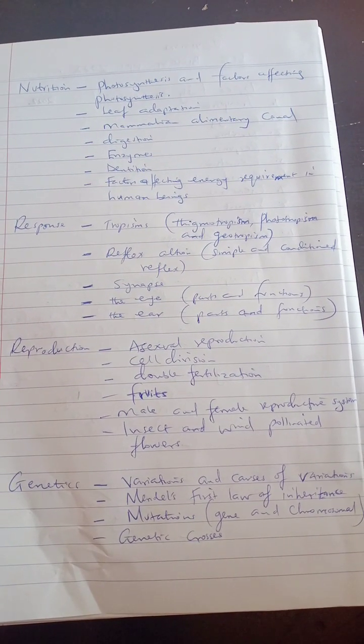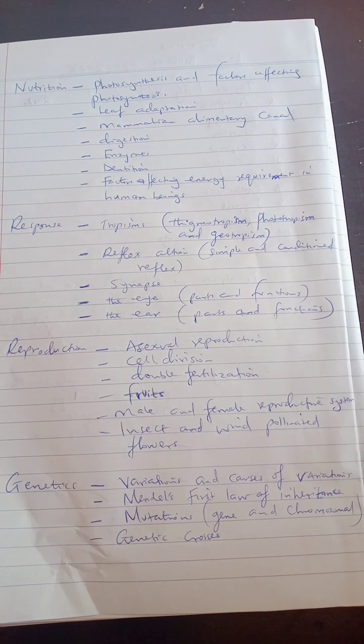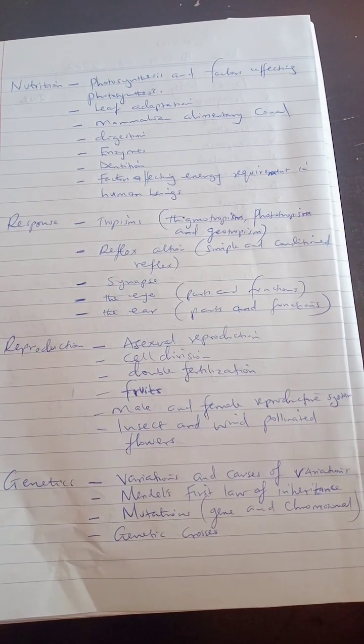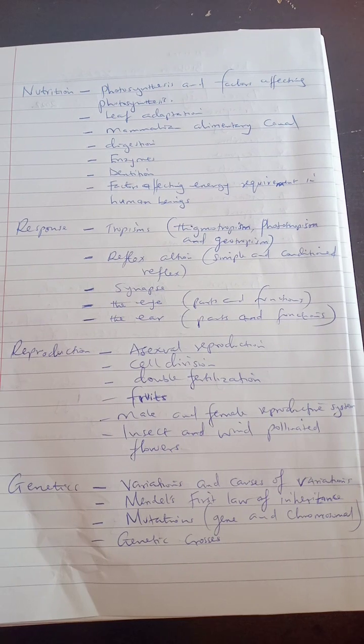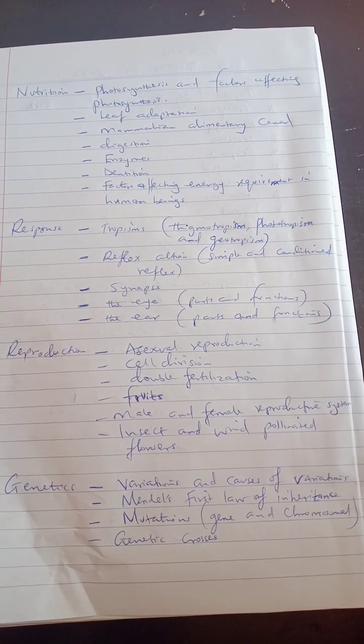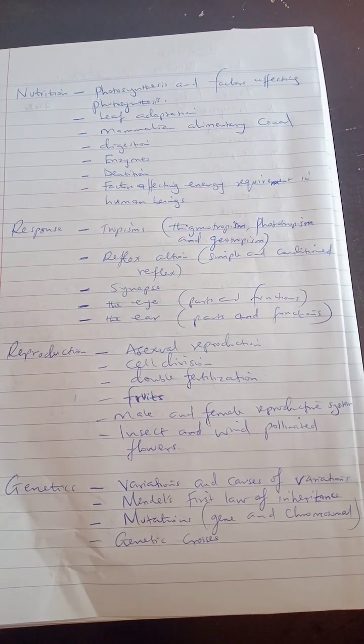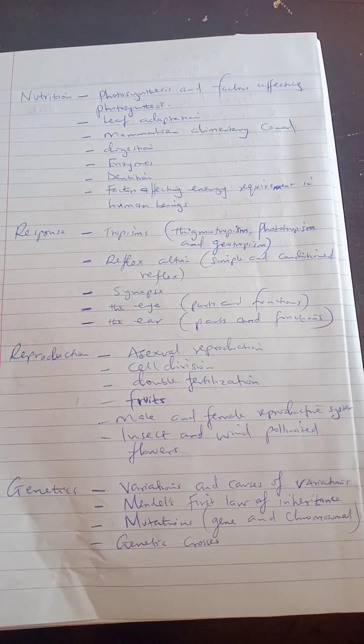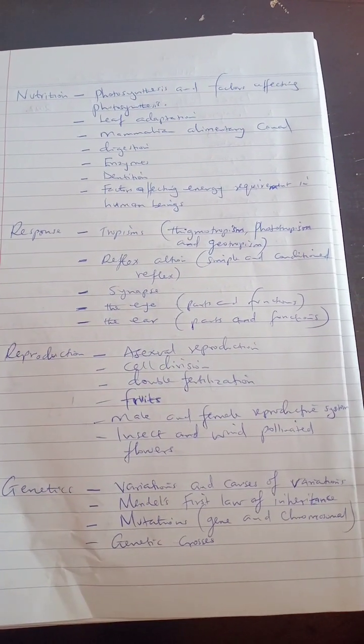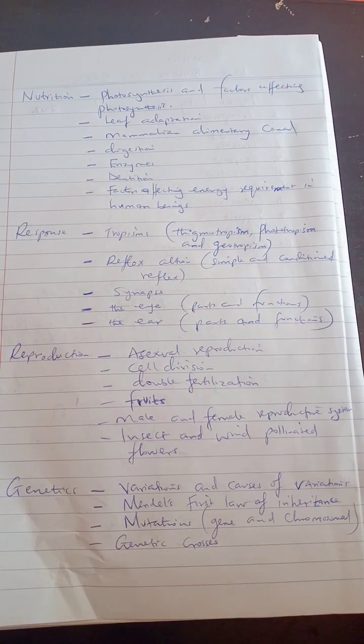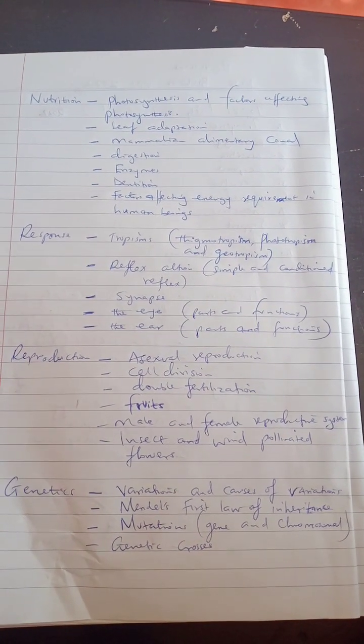The first one is the fertilization of the egg cell to form a diploid zygote, and then the other male nucleus fuses with the polar nuclei to form a triploid nucleus. So you're supposed to know how double fertilization happens in the embryo sac. So basically the embryo sac is in the ovule.